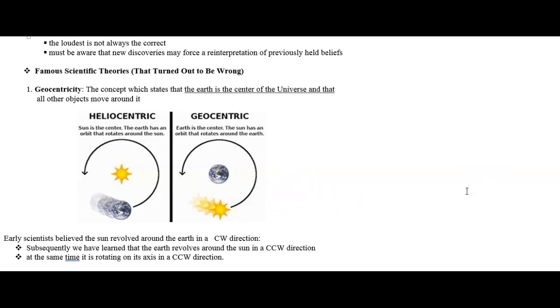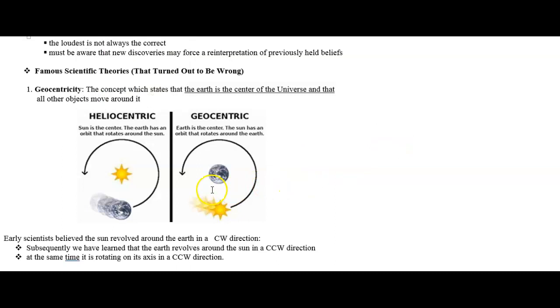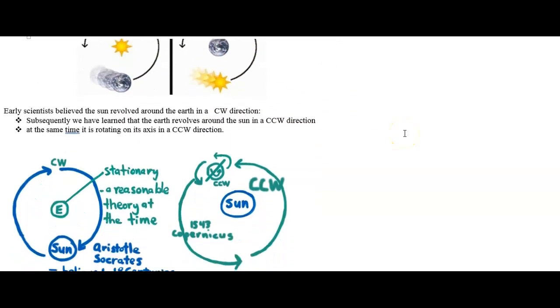Versus heliocentricity, which says the sun is the center. Which one's true? Seems like this one, right? The sun rises in the east and sets in the west. Over and over again. You stand in the middle and it just goes around you and around you and around you. Here's a picture I drew for you.